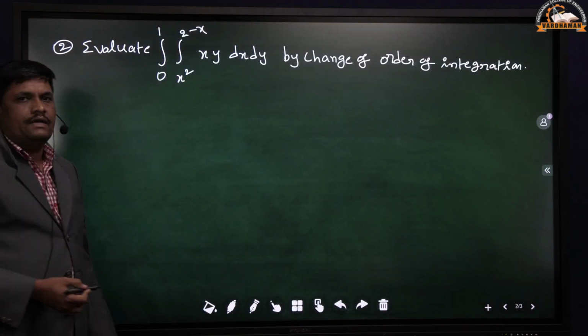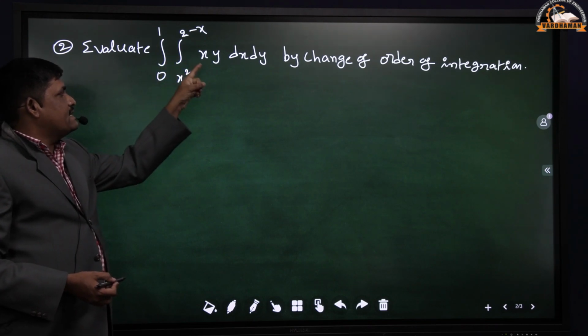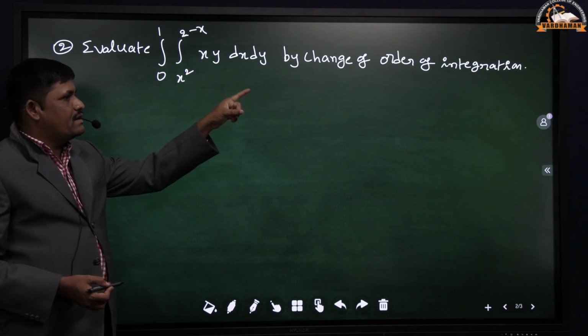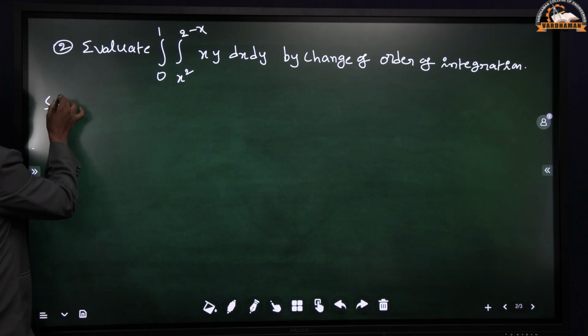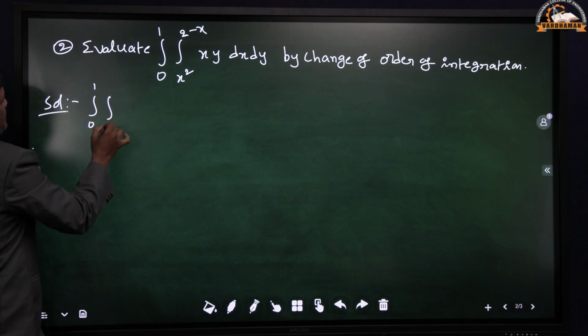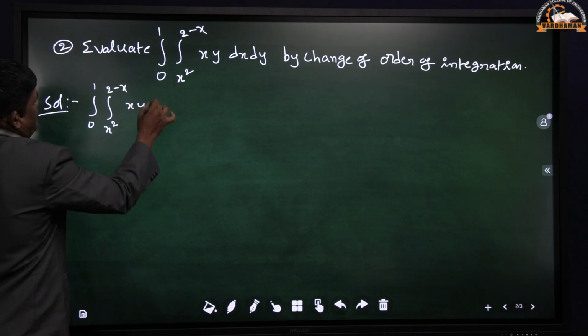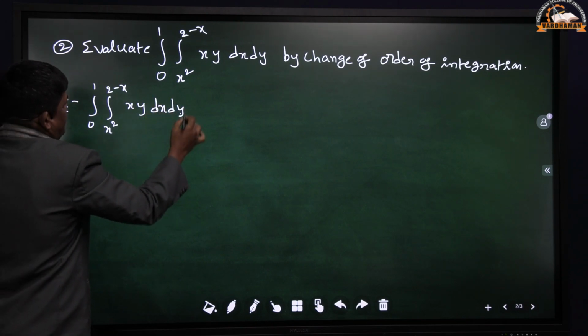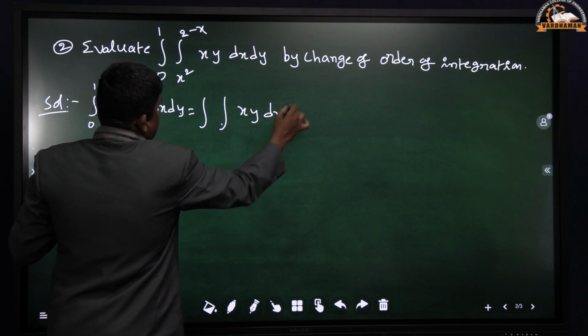Problem 2: evaluate the integral from 0 to 1, integral from x square to 2 minus x of xy dx dy, by change of order of integration. Now coming to the solution: the integral xy dx dy.